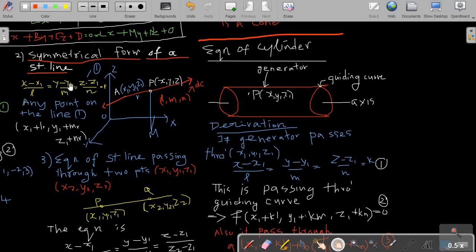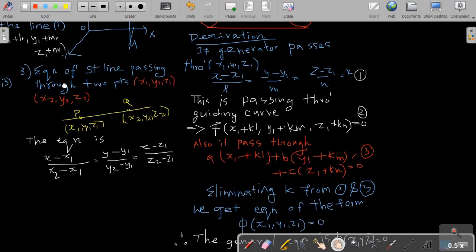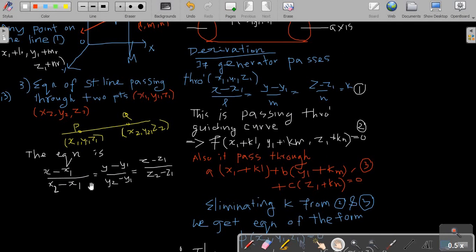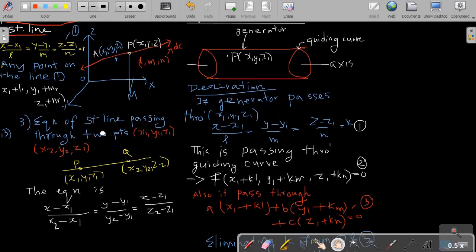And here you should know what x1, y1, z1, l, m, n and r are. And the third one is the new equation joining the 2 points P and Q: (x minus x1) divided by (x2 minus x1) equals (y minus y1) divided by (y2 minus y1) equals (z minus z1) divided by (z2 minus z1). Therefore, there are three forms of straight line equations.